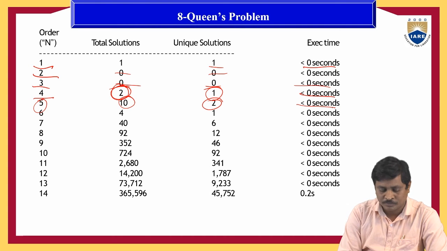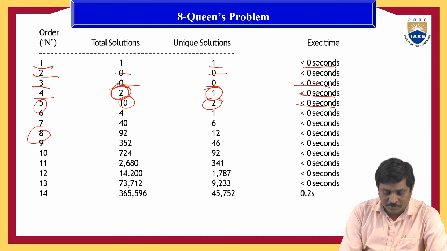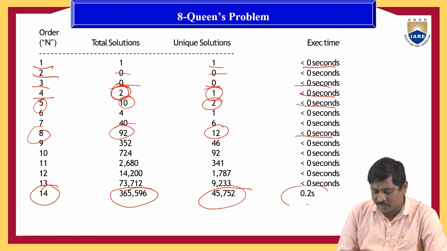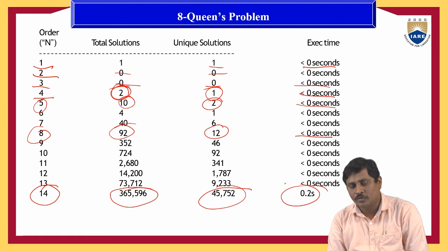For the 8 queens problem, you get 92 solutions in total, among which 12 are unique, and it takes less than 12 seconds. So like that, for the number of queens, you get the total number of solutions, unique solutions, and the time taken to calculate them.